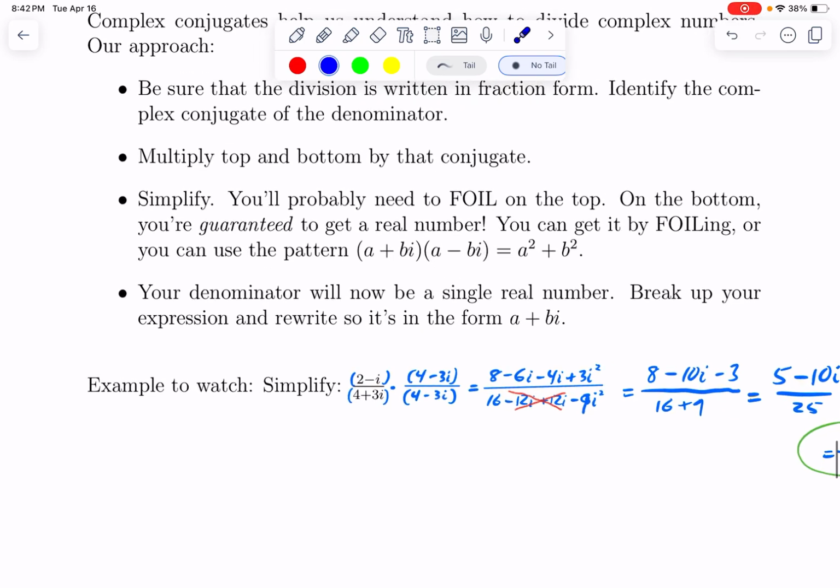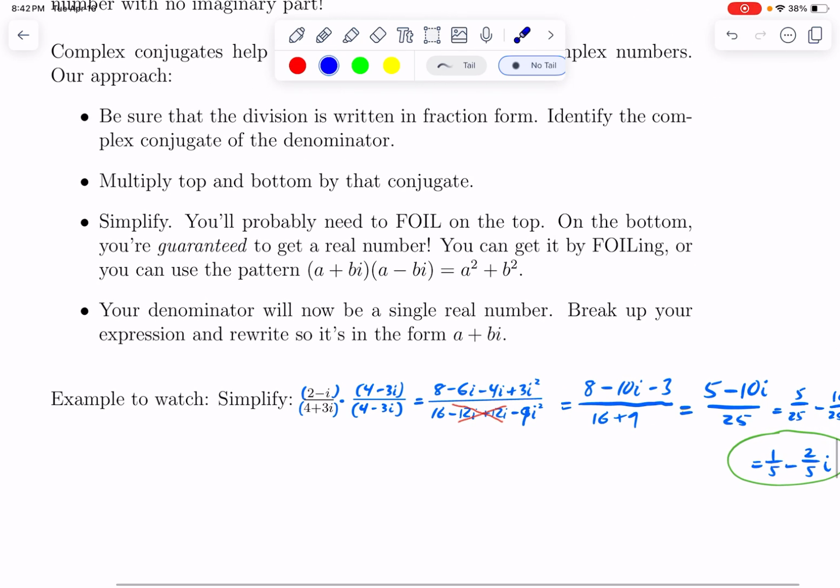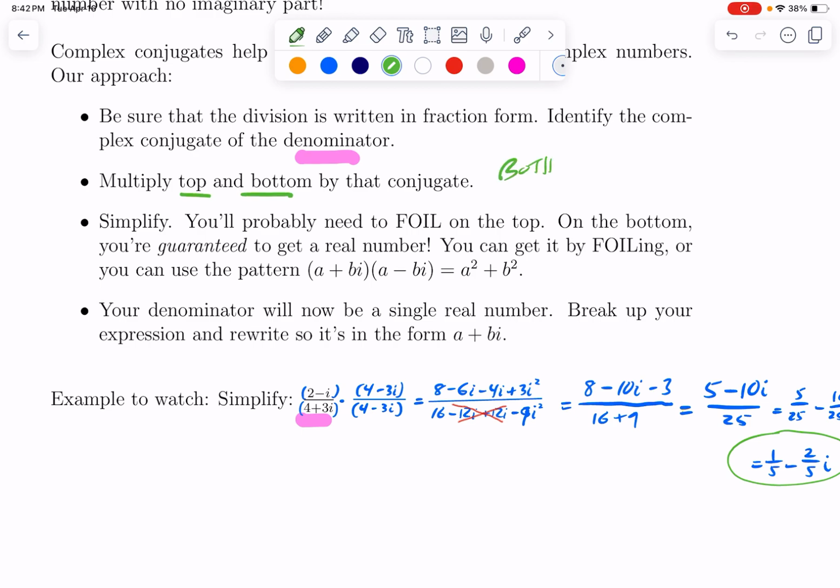So what did I do here? First is that I wrote the division in fraction form. And the focus is on the denominator. I looked at this denominator, 4 plus 3i, and I asked, what is its complex conjugate? Then I multiplied top and bottom by that conjugate. Make sure you do both. Right? FOIL out top and bottom. You can FOIL out the bottom, but there is this shortcut here.